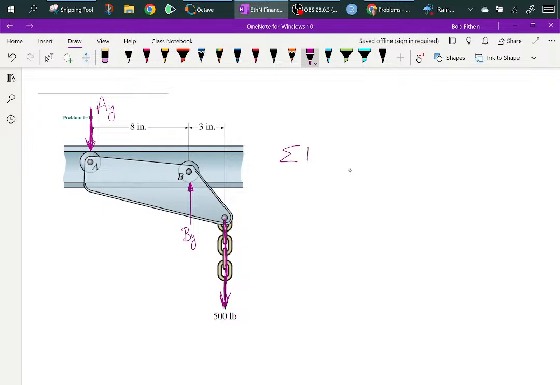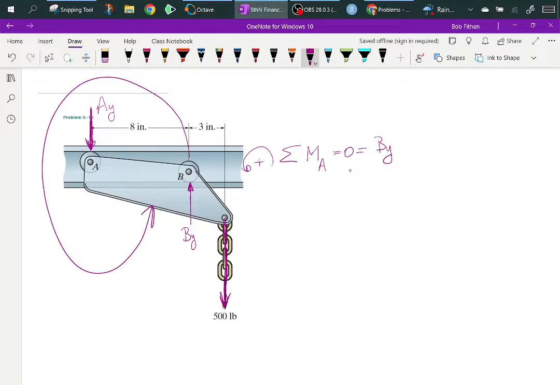So the sum of the moments about A, and I'll just take that. Okay, if you're summing the moments about A, that's this point right here. Then essentially this is going this way, is equal to BY. The moment arm is 8.